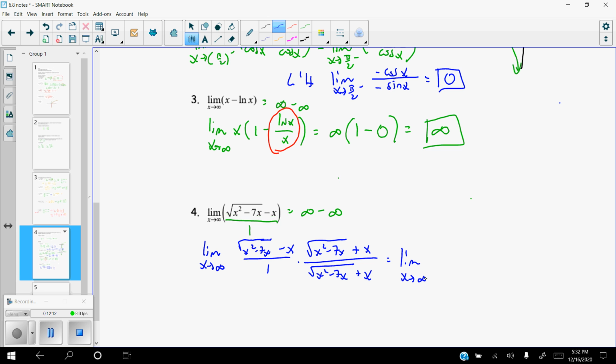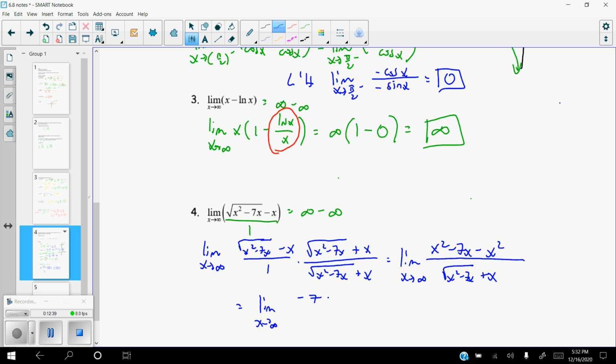So now if I use the conjugate method on the top, I'm just going to get the x squared minus 7x, and then minus x squared from multiplying the last times the last. I'm just going to go ahead and keep the denominator the way it is. Okay, still got a little more simplification to go because the x squareds in the numerator are going to cancel themselves out, which is nice.